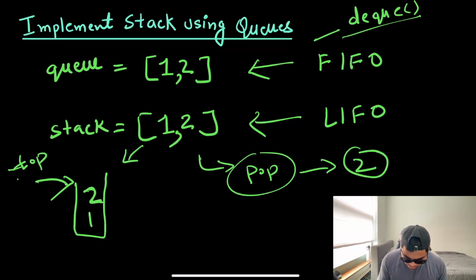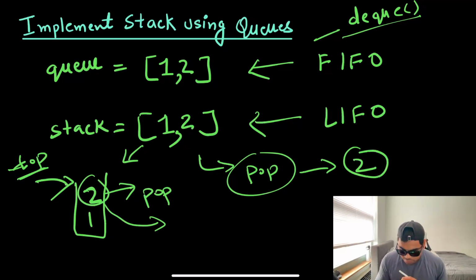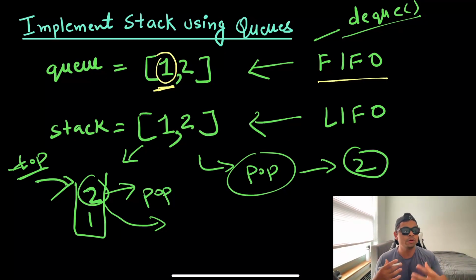This is top in my stack, and if I'm popping out something, this is what comes out. So popping from a stack will give me the last value, which is 2. But if I'm popping something out from my queue, I will get this value, which is usually pop left. Left means this side, whatever is in the front, because this is a FIFO data structure, and those properties are basically entangled with this definition of queue.